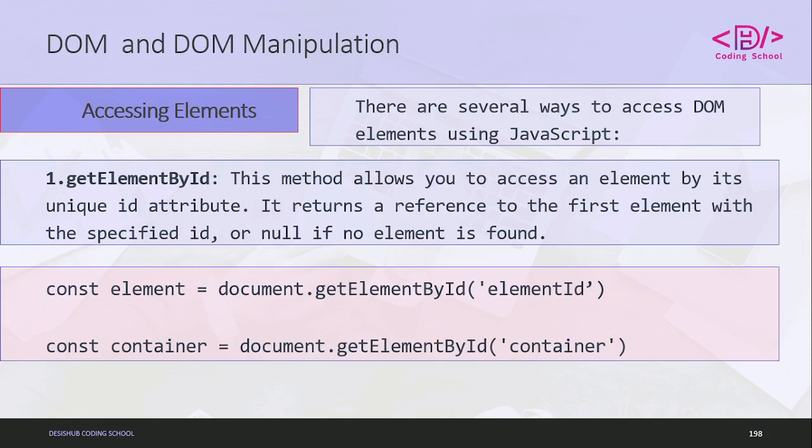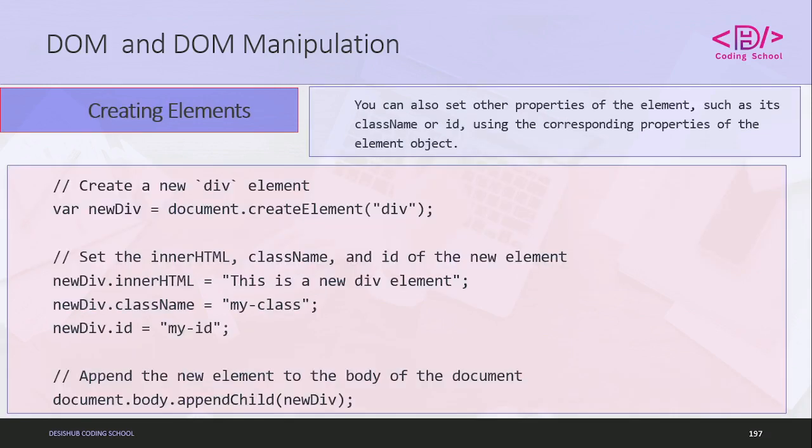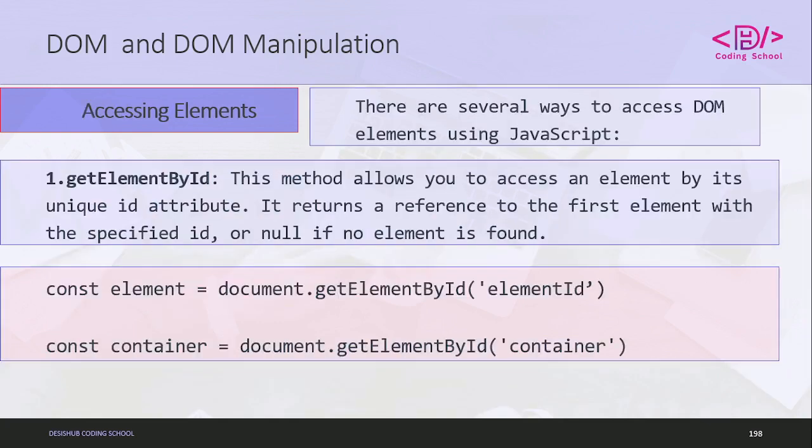There are several ways to access DOM elements using JavaScript. And the first one, and the easiest one of all, is the method called getElementById. I like how these methods are very straightforward. Even the method we looked at before, createElement, the meaning of the method is in its name; its purpose is to create an element.